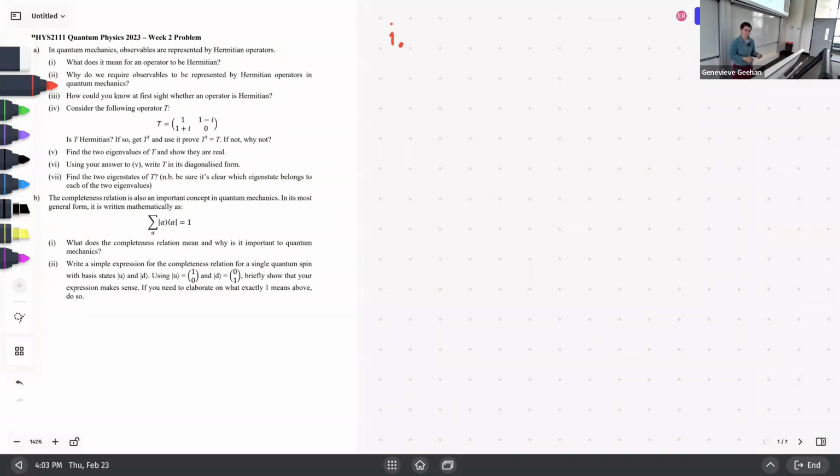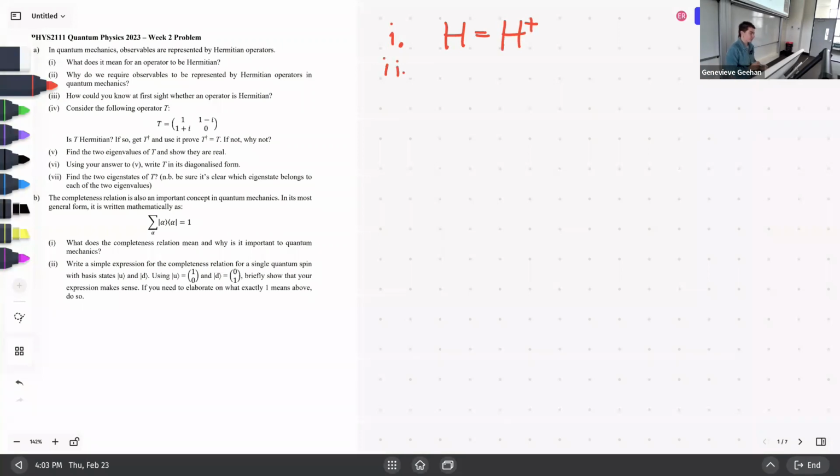So the operator is equal to its conjugate. Is that what you mean? Yeah. So the operator, let's call it H, is equal to its Hermitian conjugate. No one seemed to have a problem with that, so let's go to the next one.